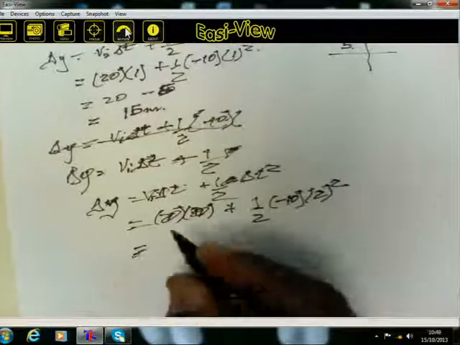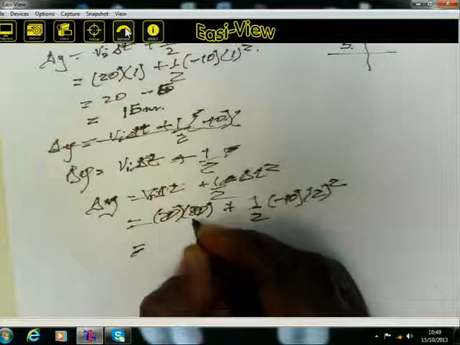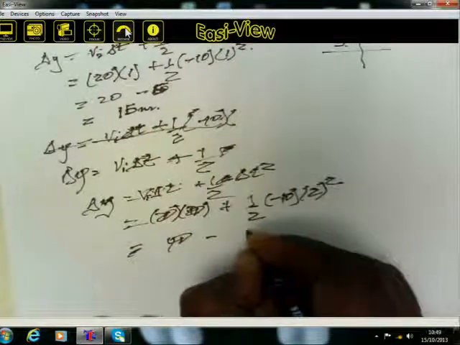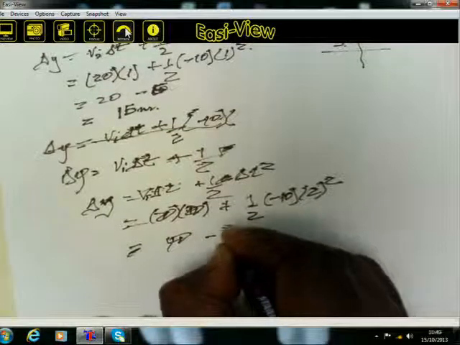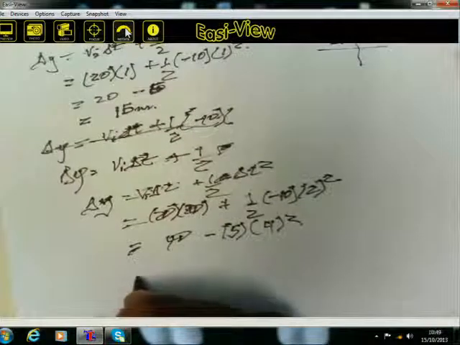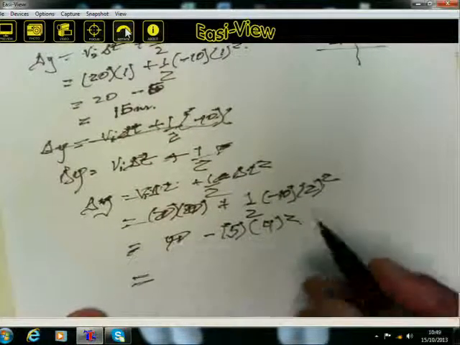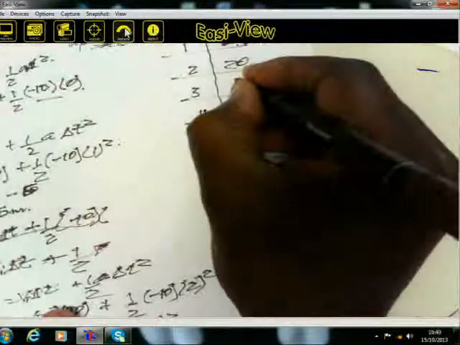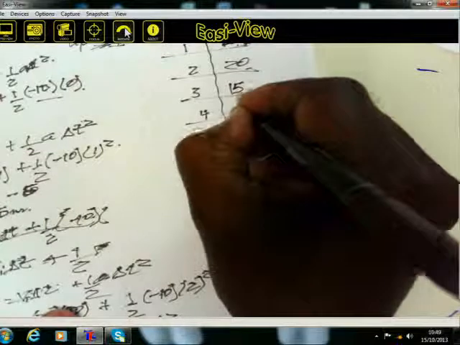This will give us 40 minus 5 multiplied by 4. This will give us 40 minus 20, which gives us 20. So here we have 20. And in the third one, if we do the substitution in the same way, we are going to have 15, we are going to have 0, we are going to have minus 25.